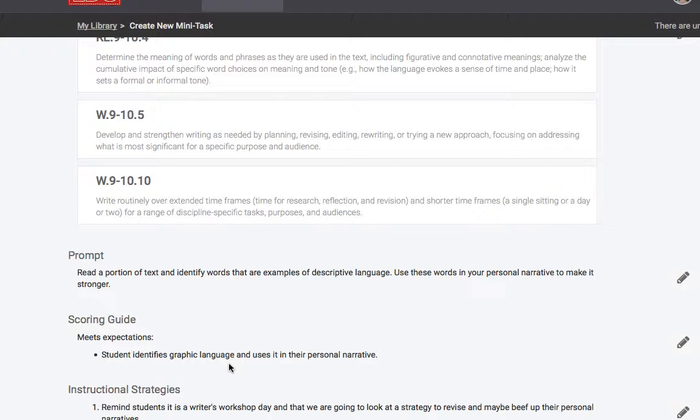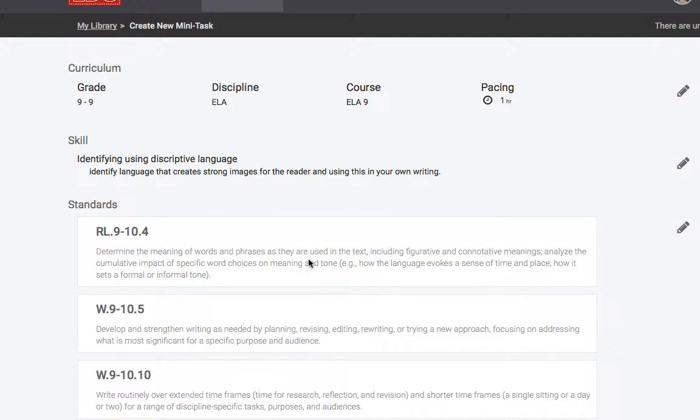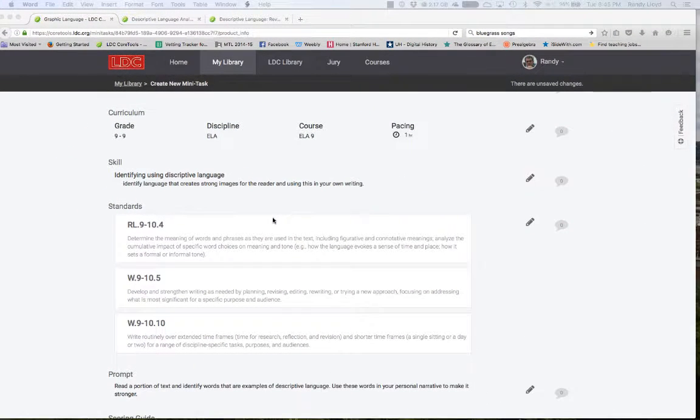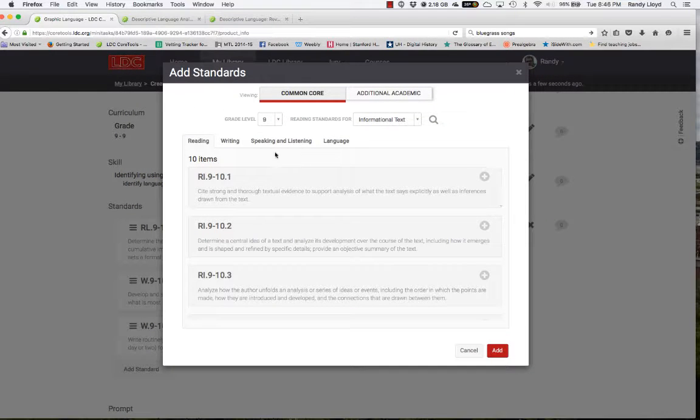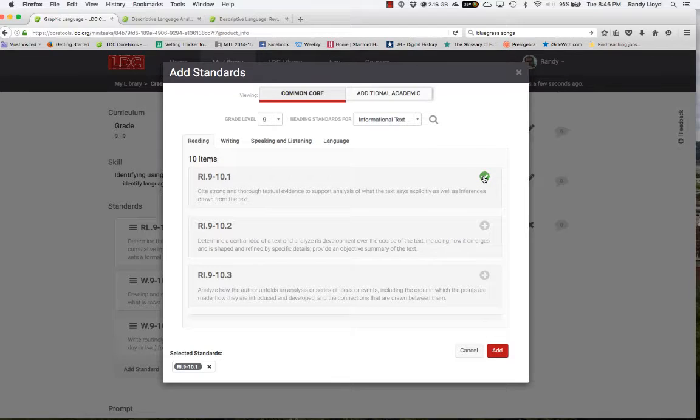When it came to the standards, however, it took me some time because I was using the state standards, and that was different. And that brings me to one of the things I really like about the LDC website, because when it came to doing the standards, I merely clicked on the pencil and went to the part where it says Add Standards, and I could click through the 9th grade standards, 9 and 12, for reading and for writing, and simply click on them and put them in.